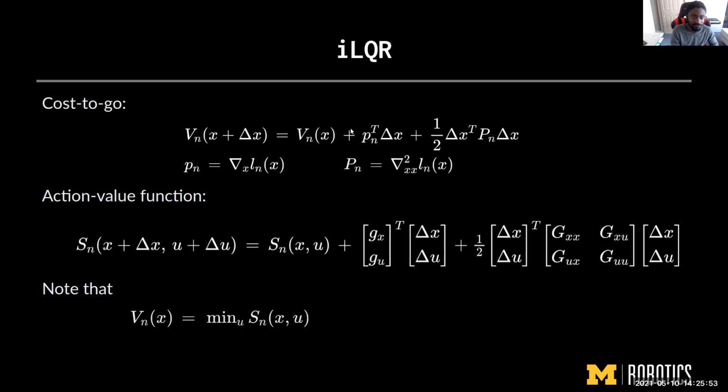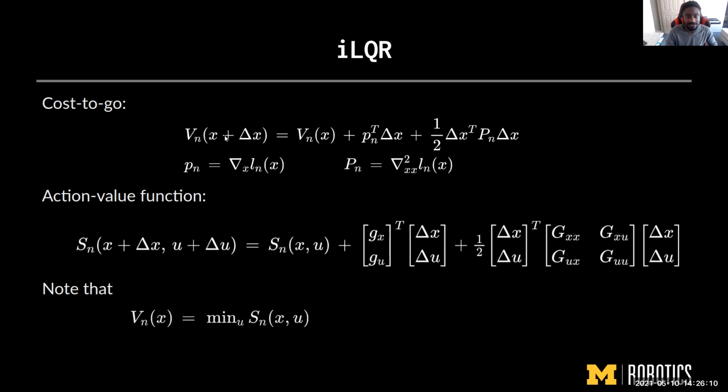So first, we can now express the cost to go. The cost to go tells us the cost that's going to be incurred from our current state to reach the goal state.